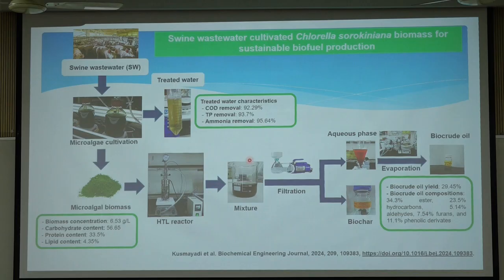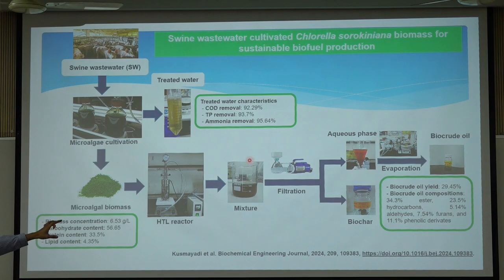Yeah, this one is, I think, kill 3 birds with 1 stone. First, the water can be treated. Then we have the microalgae. Microalgae is one of the absorbents of CO2. It consumes the CO2 to grow. So we have a certain percentage of protein. The protein can be extracted for other purposes.